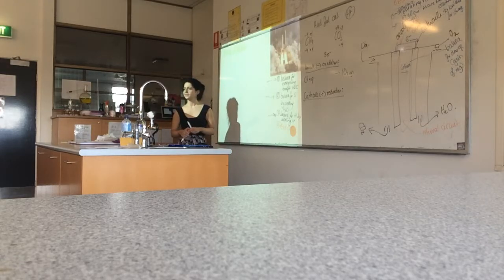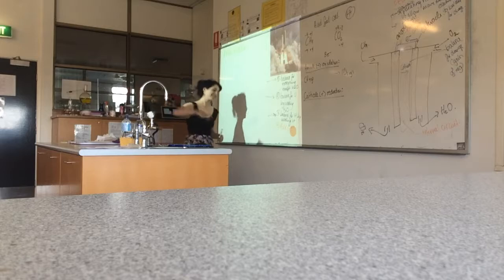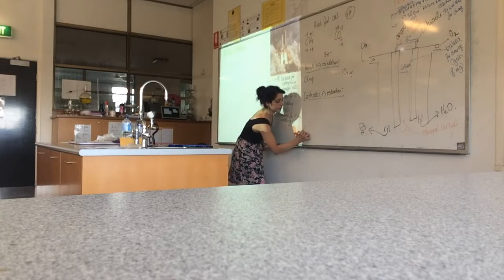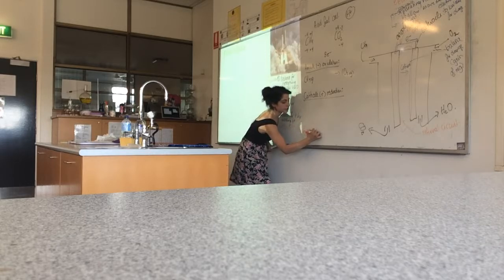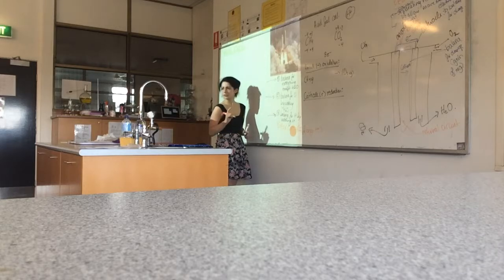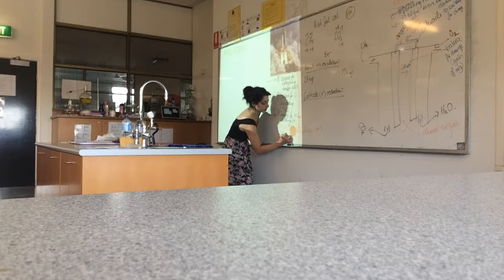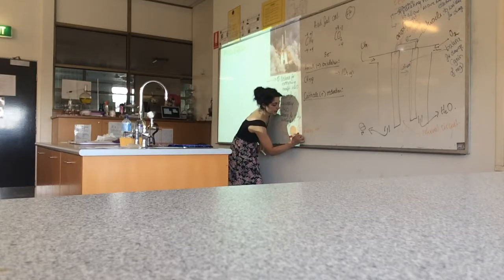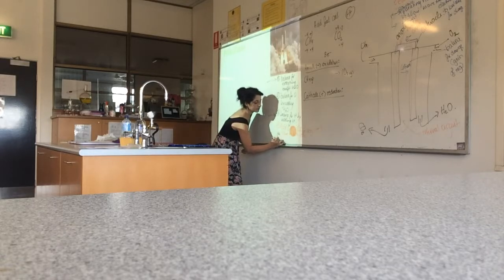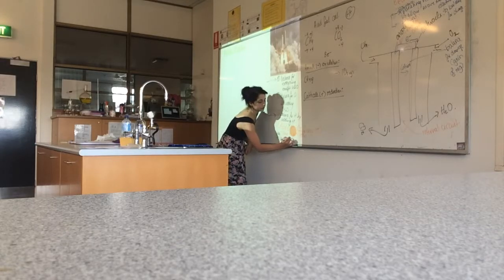Oh no, after H. So add OH, one for every H plus, but you have to add the same number to both sides. Do you remember that, Kiralee? You have to add the same number to both sides. This is like the only difference, okay? Because step 5 is balance for charge by adding electrons.